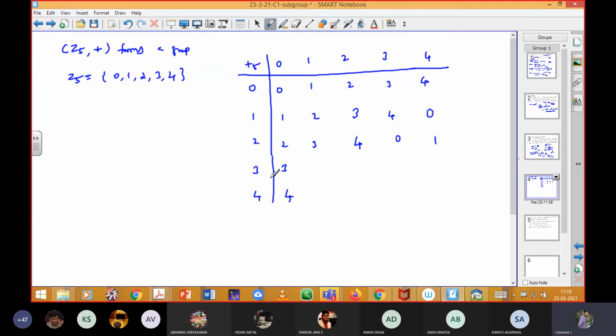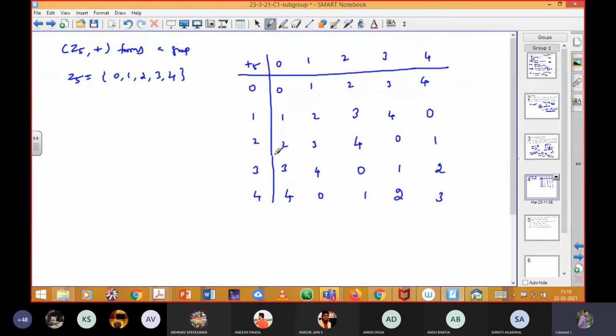I have already explained that, so I don't want to waste time explaining it again. Then that will become 3, 4, 0, 1, very good. Here 4, then 0, 1, and 7 will be 2. Next 0, 1, 2, and the last one is always the missing value.